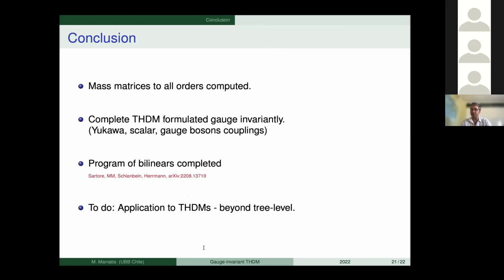And this already brings me to the conclusion. We have computed the mass matrices in any Two-Higgs doublet model for all orders. We haven't specified the potential, as I said. We could extend this formalism to the Yukawa sector, to the complete scalar sector, and the gauge-boson couplings.